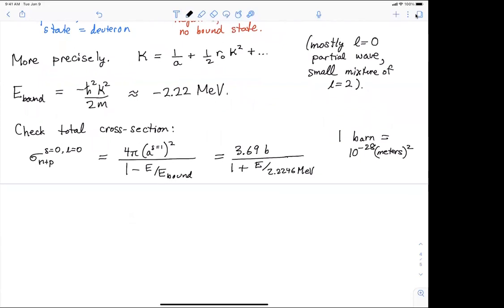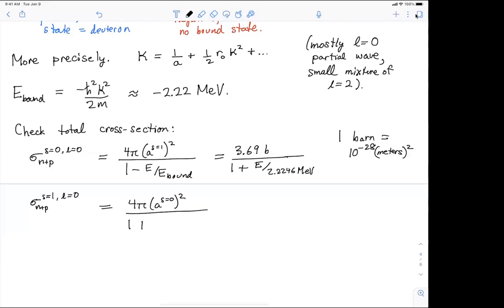Okay, so that's the s=0 channel, and then there's the s=1 channel, still treating it as orbital angular momentum 0 because it's mostly that. And so this is going to be 4 pi a s=1 squared, a different number.